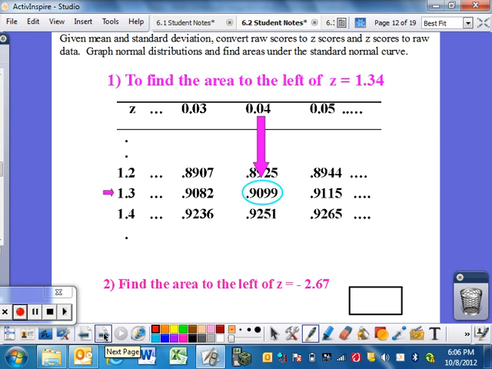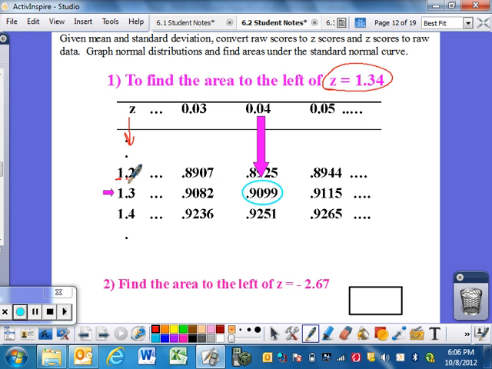So let's talk about this and see if you can do this. I want you to see if you can find the probability if you have a z-score of 1.34. So how does this work? You need to find the positive table, and I've pulled out one part of it. On the far left side you have a z-score. Think about this as kind of a stem and leaf plot. Here's your stem.